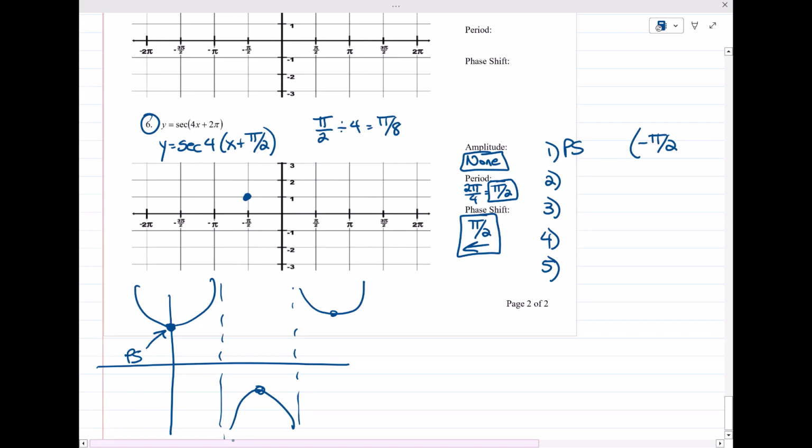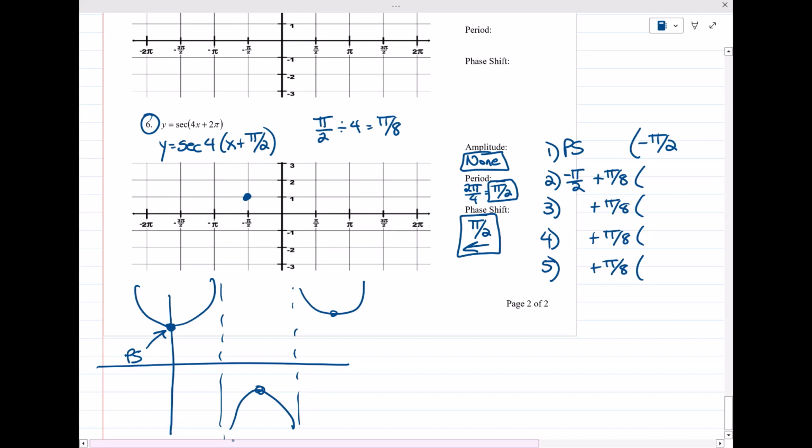So we're going to add pi over 8 to all of these. You always divide the period by 4.